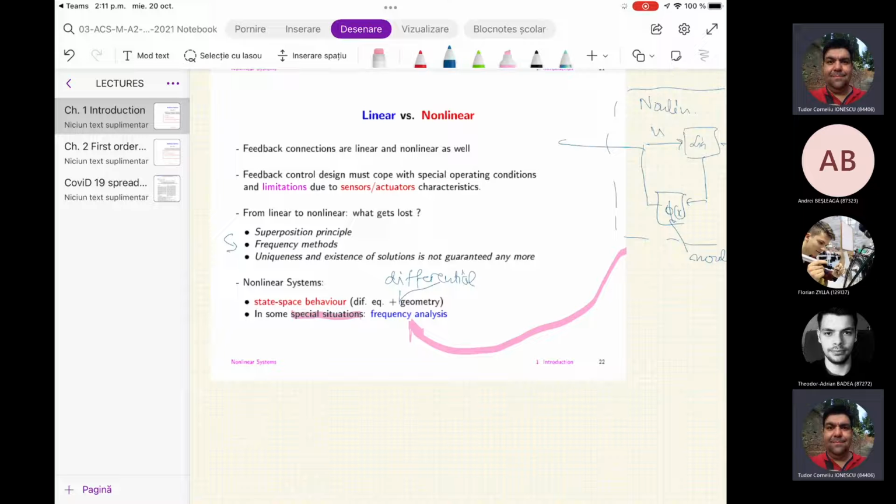This was all possible thanks to this very strong and restrictive, in some sense, assumption of linearity, which now is gone.